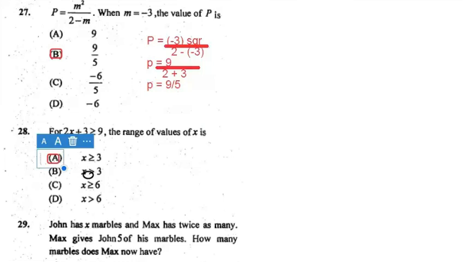X is greater than 3 will not fulfill the inequality where the left hand side is equal to the right hand side, so B couldn't be our answer, and that's the same for C and D based on the first numbers that we will use.